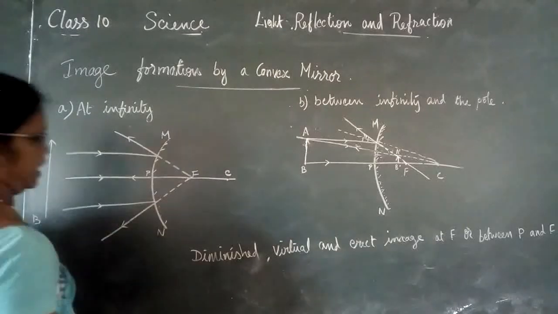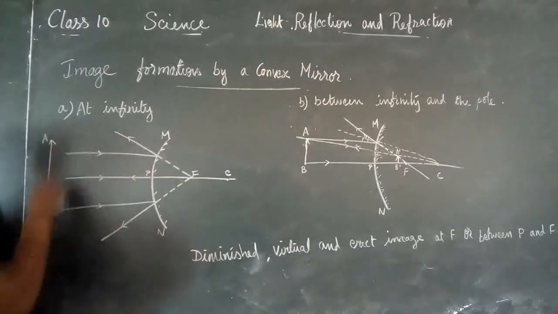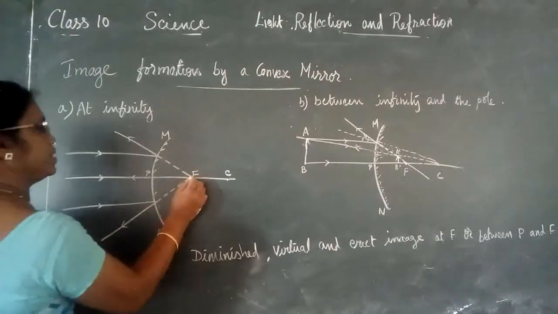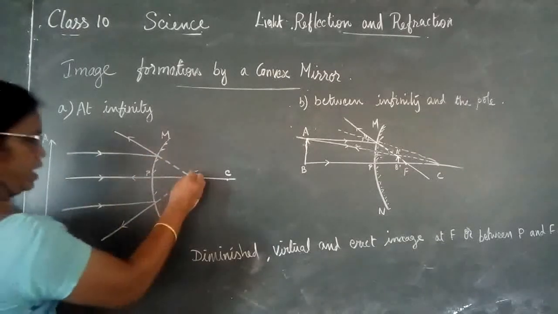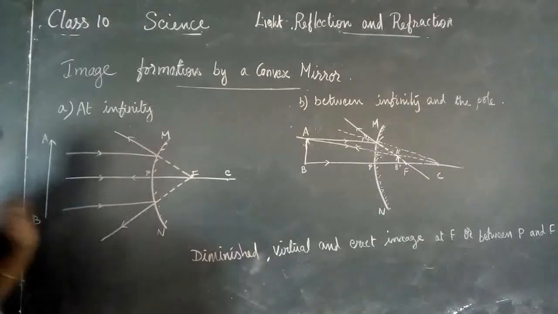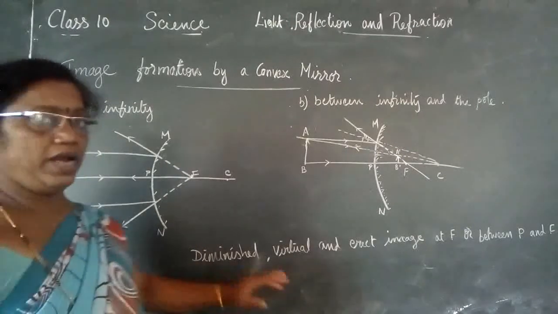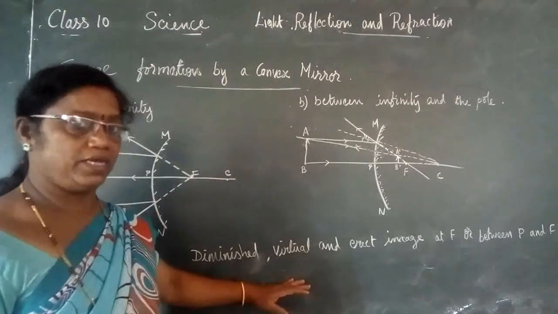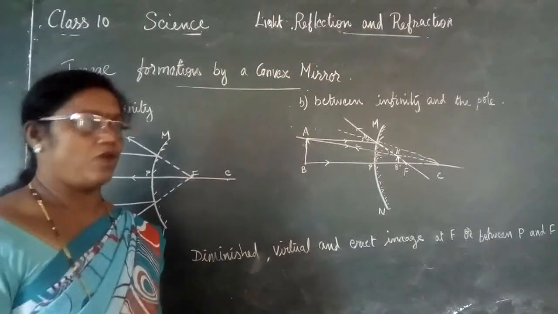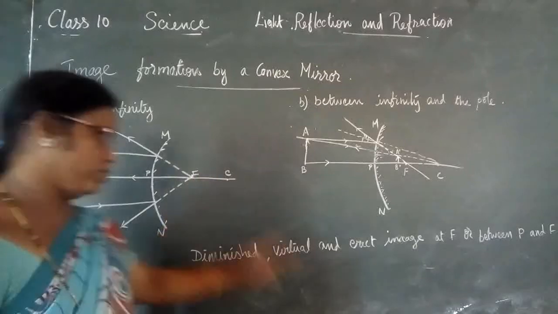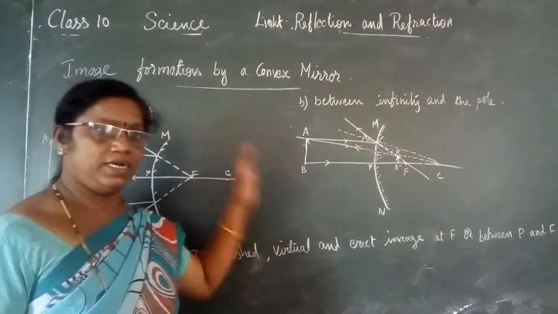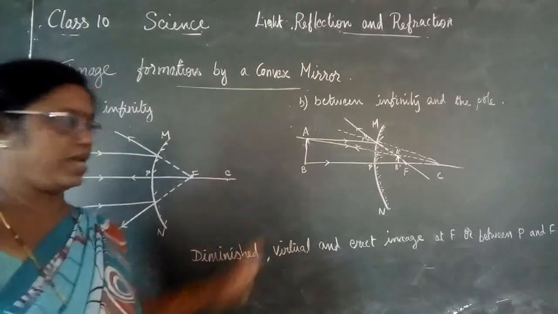And in this case, the image of this object is seen at the principal focus of the mirror and it will be highly diminished and virtual. Like the image in the plane mirror, similarly you will get a virtual image and it is going to be an erect, straight image.